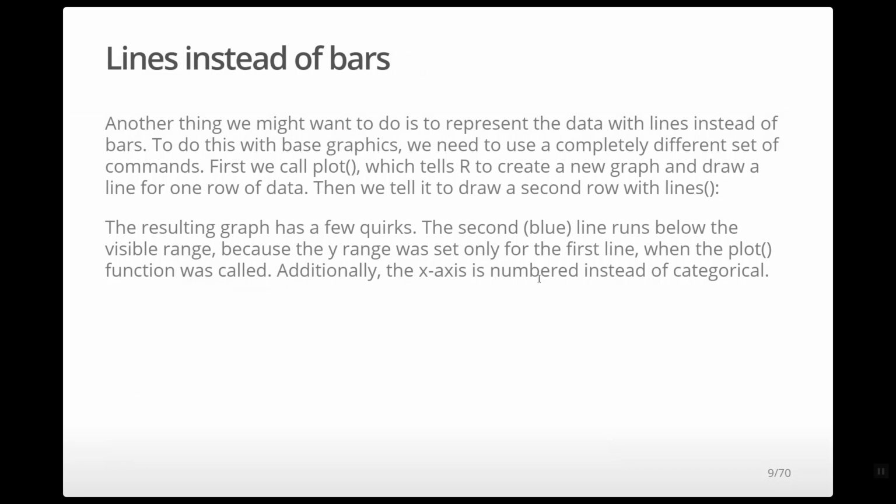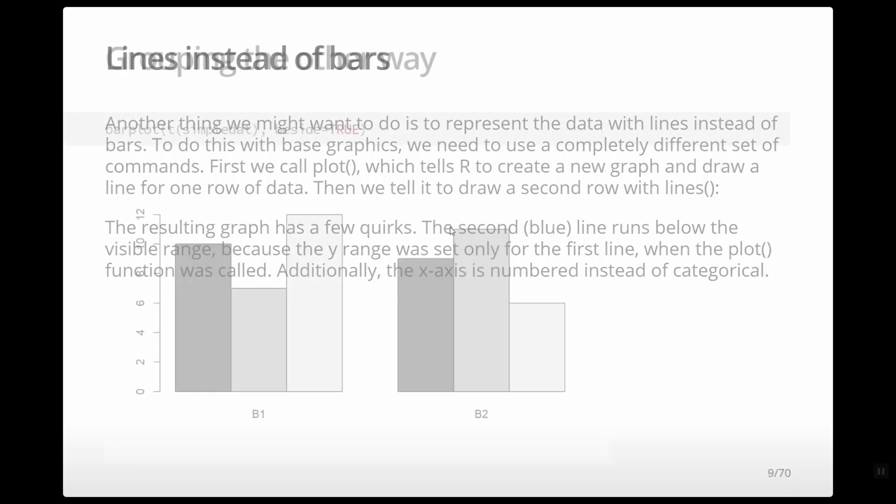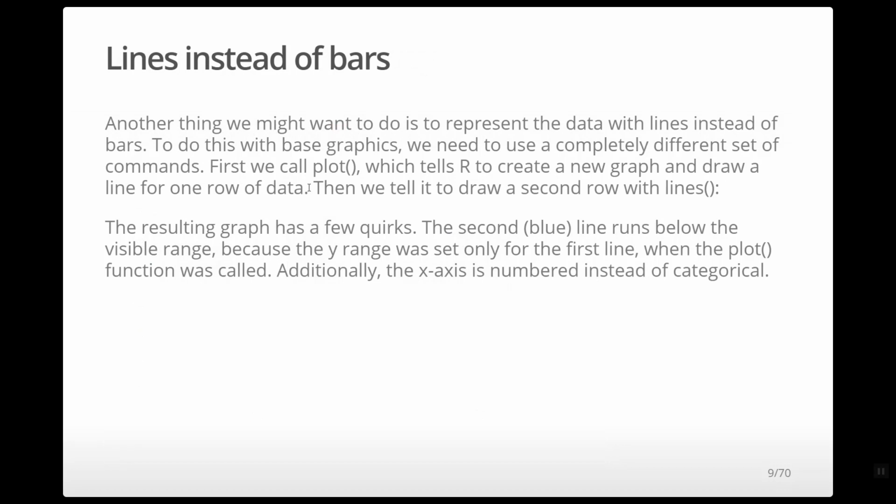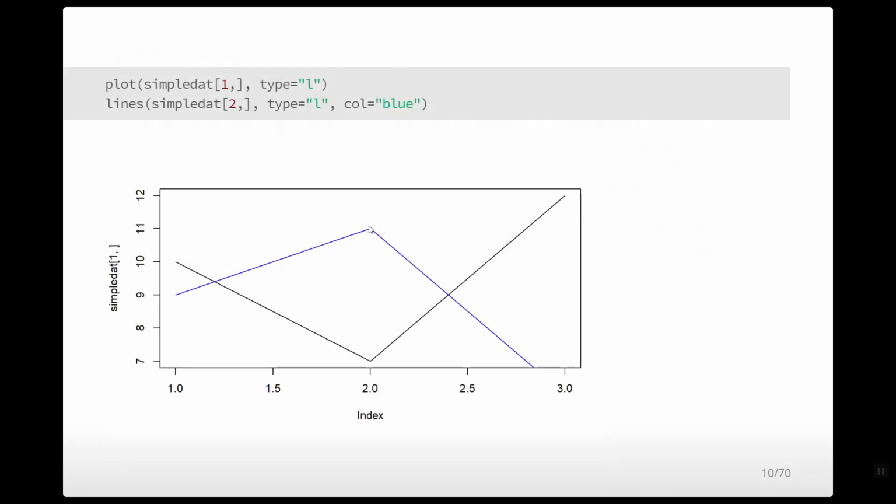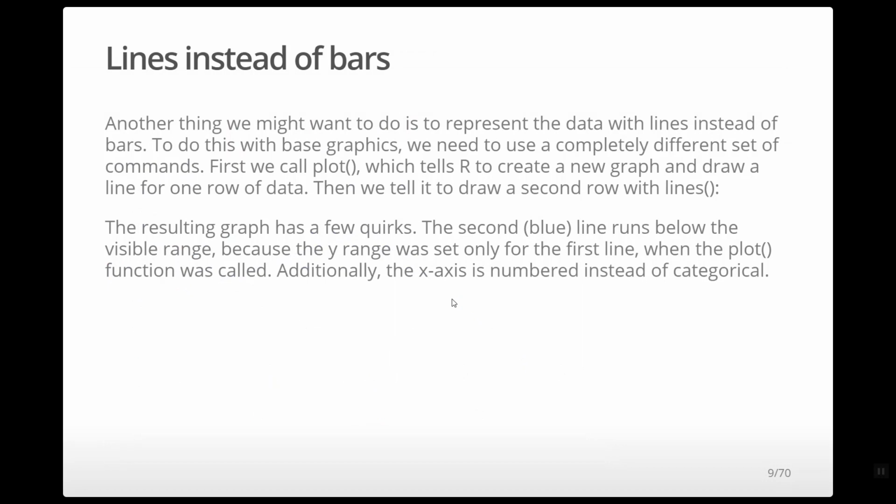and then later on, if we wanted to graph things using a line rather than a bar plot, we can do this in base graphics, and we would call plot, okay? And you would call plot on basically one of the things, and then if you wanted to add the second line, you would call the function lines, okay?